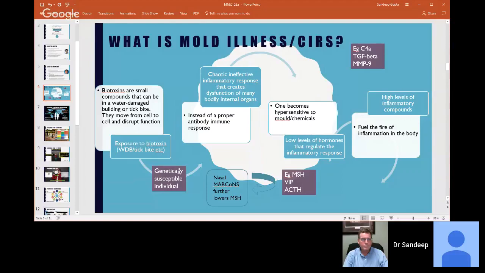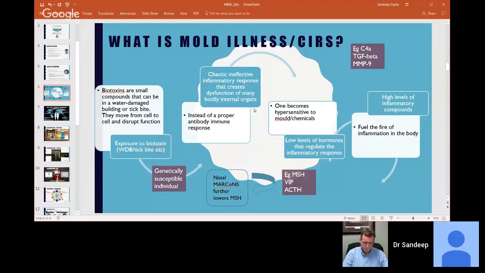If you have this genetic susceptibility, then instead of mounting a proper antibody response, we tend to develop a chaotic and ineffective inflammatory response that creates dysfunction of many bodily organs. Another way of picturing that is that there's a silent fire going on in the body that involves almost all of the tissues and organs of the body.